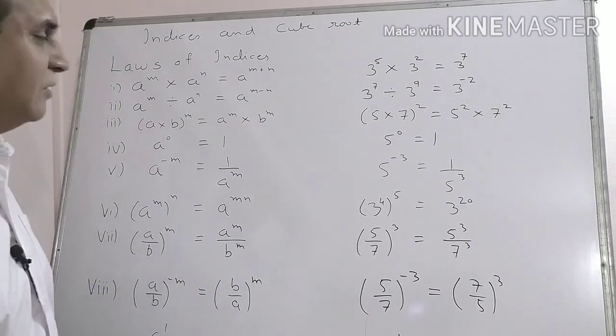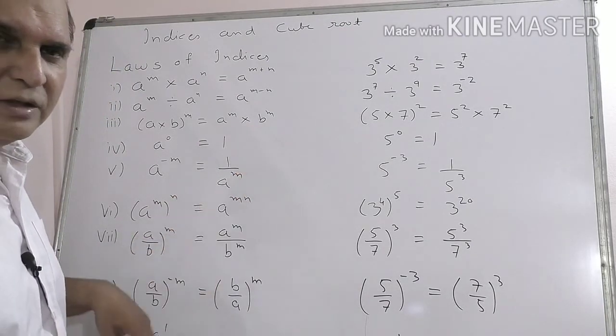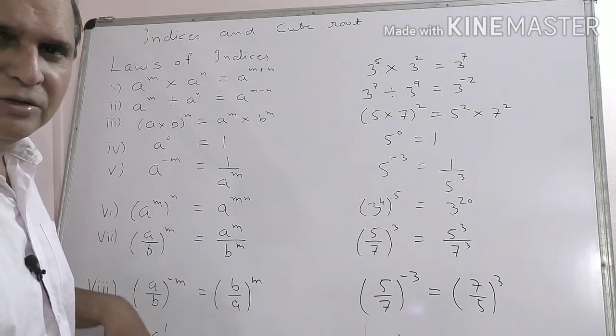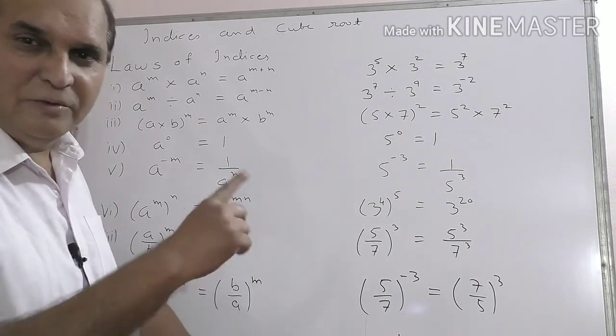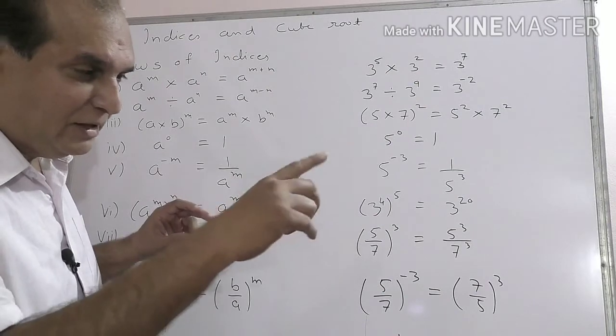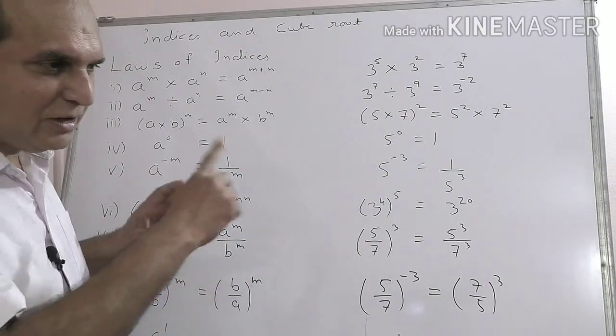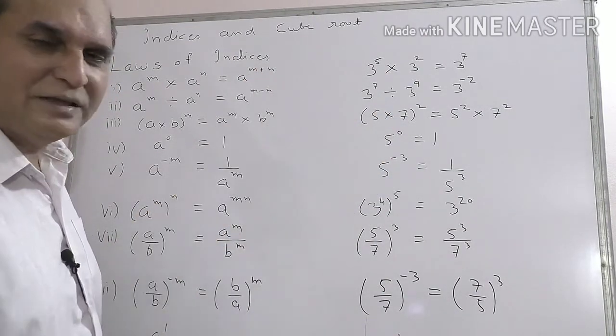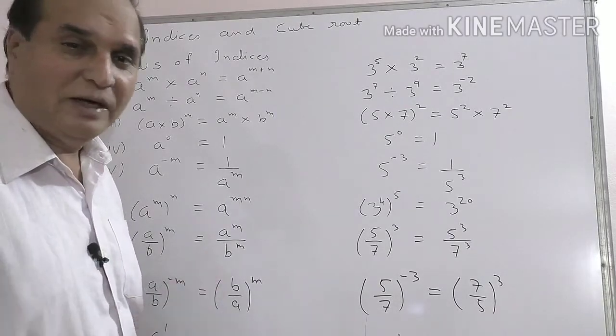So for that law, 3 raised to 5 into 3 raised to 7 is 3 raised to 12. 5 plus 7, because 3 is multiplied 5 times and again 3 is multiplied 7 times. So how many times is 3? 12 times. Just 3 raised to 12.